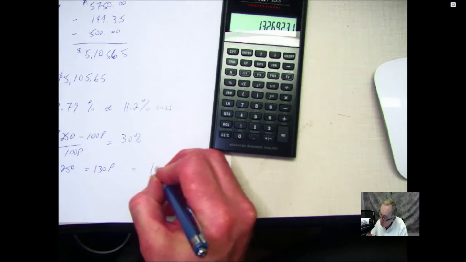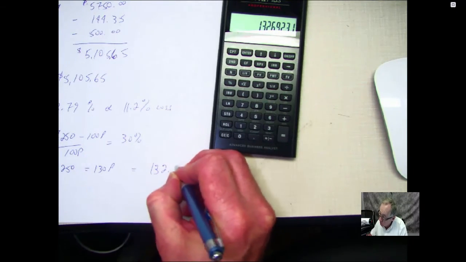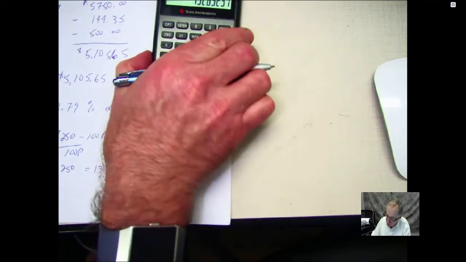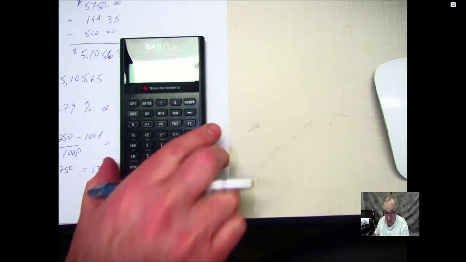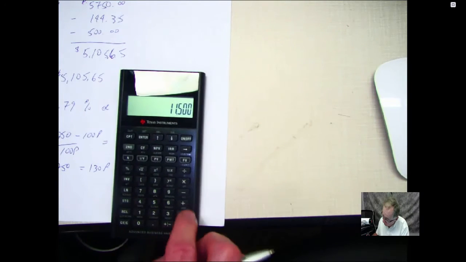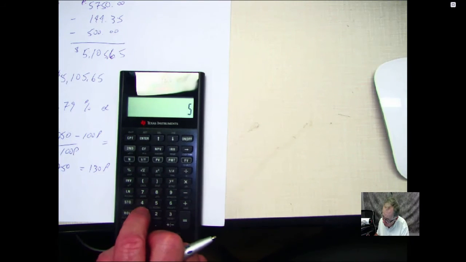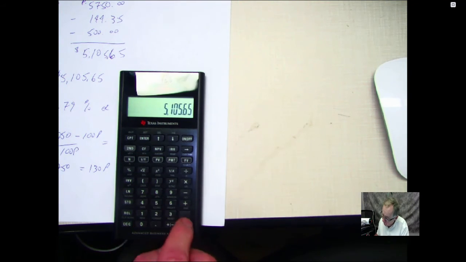So our margin position is 132.69. Now we don't have as much cash remaining. We still owe $11,500. Our equity now is 5,105.65.